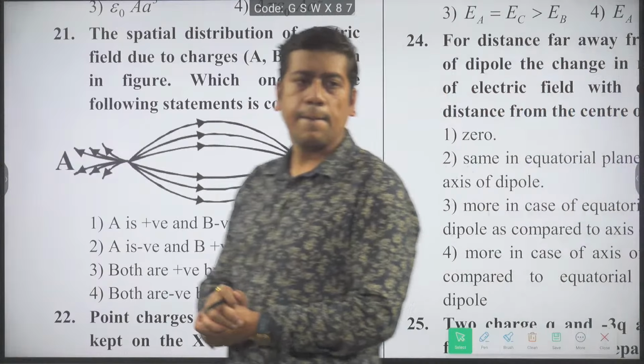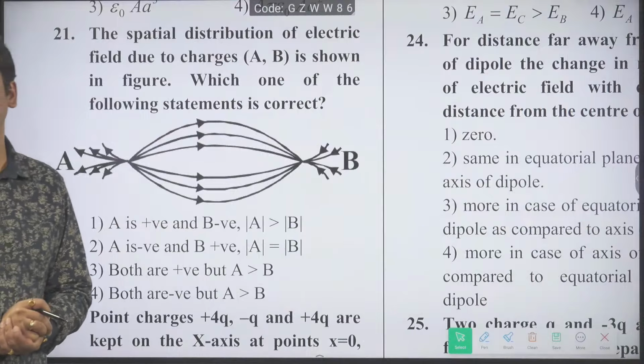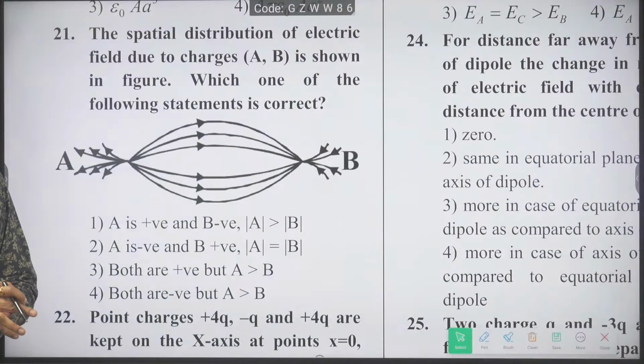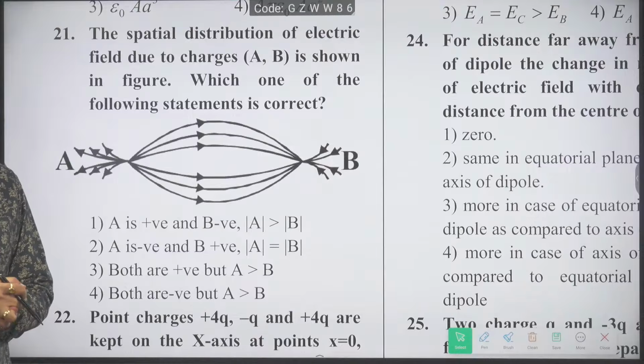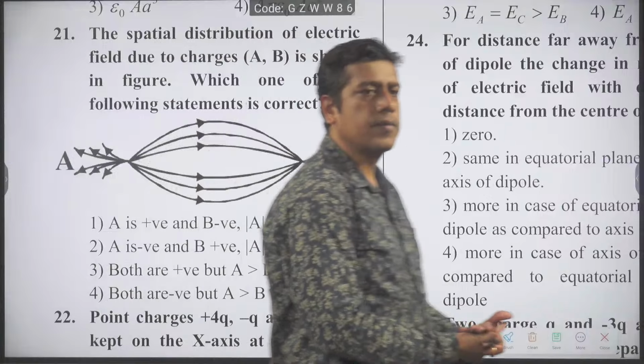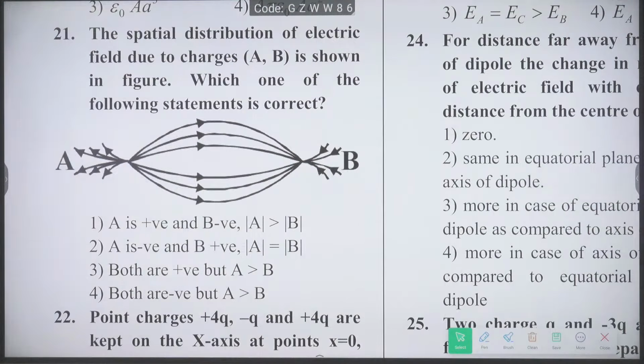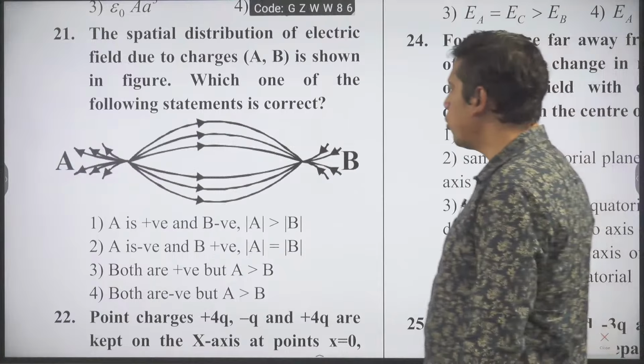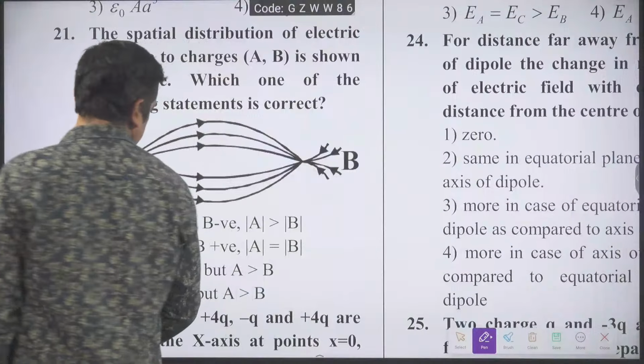Question number 21. To know whether the charge is positive or negative, you have to look at the arrow.